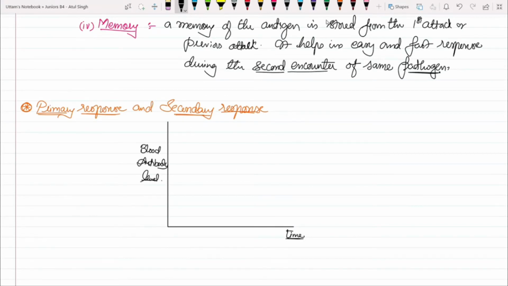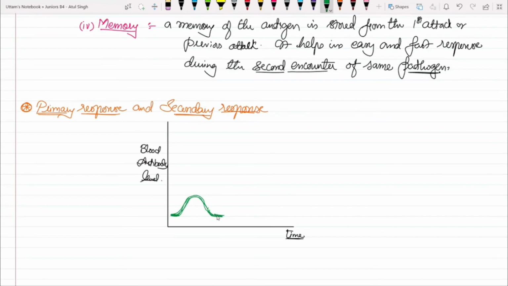Whenever there is a first encounter, at that particular time it will take so much time to show the response, and the response will be comparatively less. Such type of response will be shown. This is the primary response.